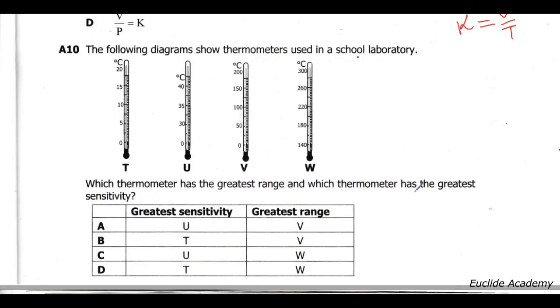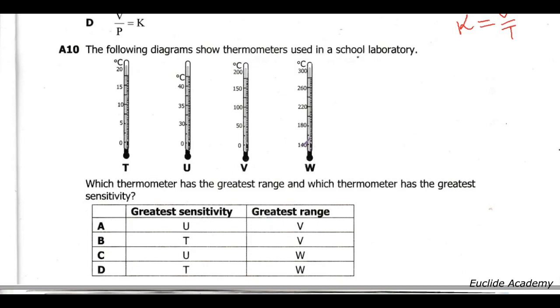So this goes from 0 degrees Celsius to 20 degrees Celsius, 0 degrees to 40 degrees and above, 0 degrees to almost 200 degrees Celsius. Okay, this one has got 140 to 300. So which one has got the greatest range here?